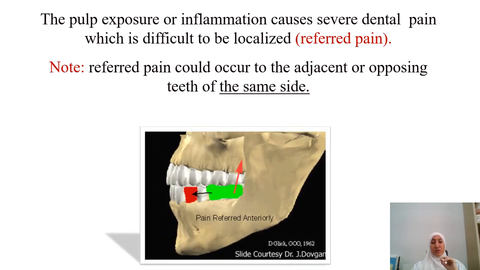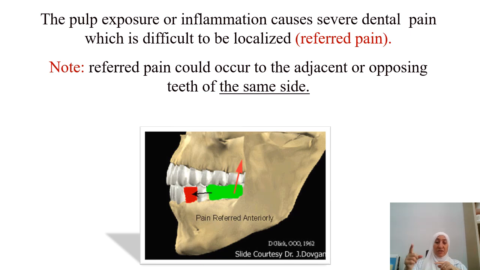Pulp exposure or inflammation causes severe, extraordinary, intolerable pain, but you have to pay attention that we have what's called referred pain. The pulp is characterized by absence of certain nerve endings that localize the pain, meaning that if the patient comes to you and says, this side is painful, I have pain on this side or that side, this could be pulp pain.